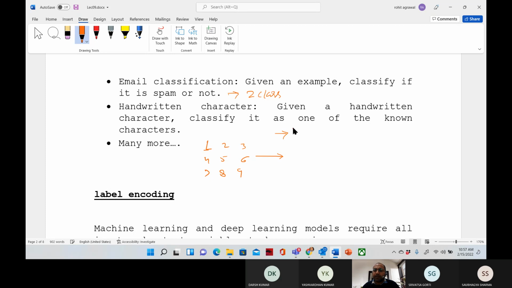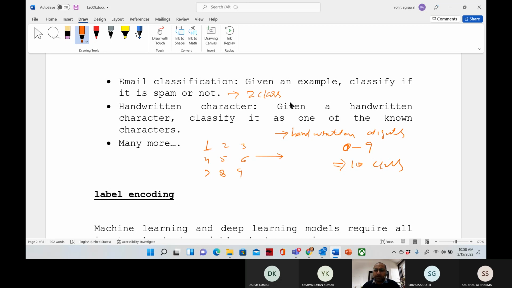Suppose I am giving handwritten digits, 0 to 9. So how many? 10 classes. Whether it is a 0 or a 1 or a 2 or a 3 or 4 or 5 and so on.